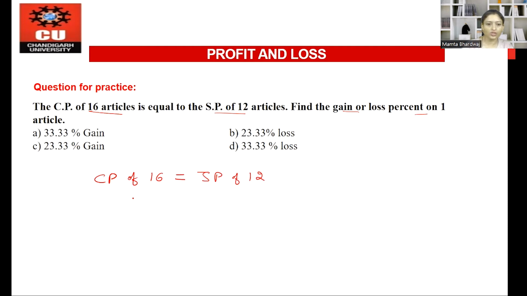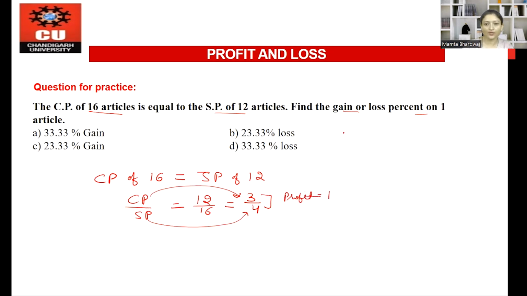Here we can use the concept of ratio: cost price upon selling price is equal to 12 by 16, which comes out to be 3 by 4. So we can assume the cost price as 3 and the selling price as 4. If the cost price of an article is 3 and the selling price is 4, it means there is a profit of rupees 1, 4 minus 3, right?